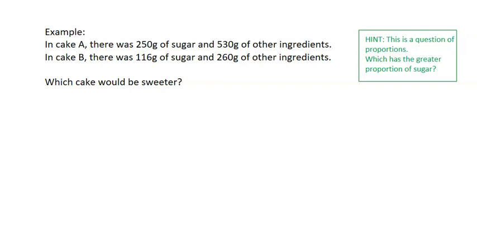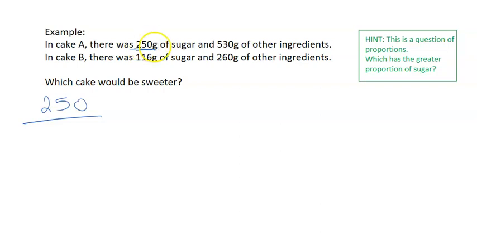So it's not about looking at, okay, well, this is more because it's 250 grams. It's about looking at, well, what's the total in the cake? 250 grams of sugar out of how much in total? And that's not 530 because that's the other ingredients. This is an example of adding it all together.